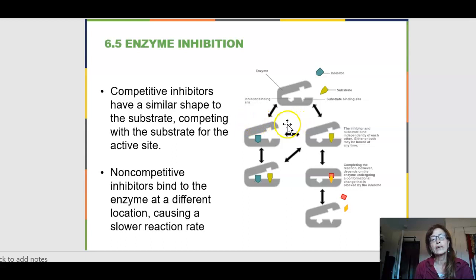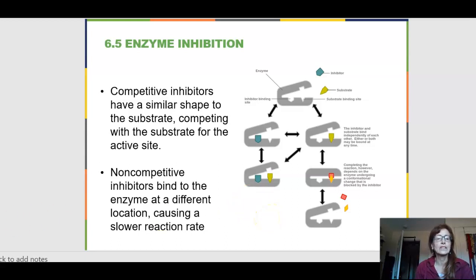And so when it goes into the active site, it will slow down or inhibit the enzyme from doing its job. And we're going to talk about why sometimes those are important. There's also something called a non-competitive inhibitor. In this case, a non-competitive inhibitor actually goes somewhere other than the enzyme's active site. But in doing that, it's also going to change the rate of the reaction.